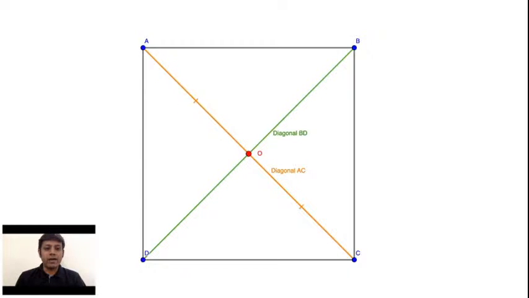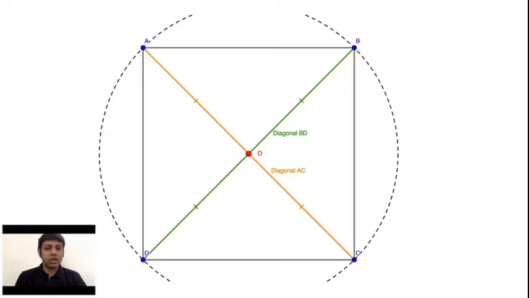Now, what I would like to prove here is that the length AO is equal to the length OC, right, which is marked as orange on your screen. And similarly, I would also like to prove that the length OD is equal to the length OB.